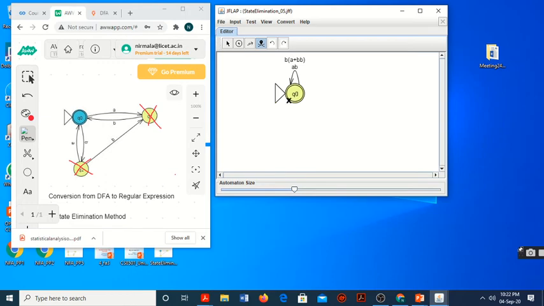Therefore, now from initial state Q0 to final state Q0, we have the possibility of AB which is repeated any number of times, or B followed by A or BB which is also repeated any number of times.